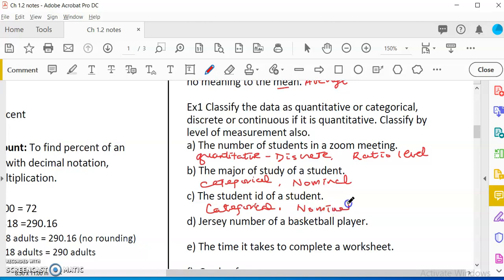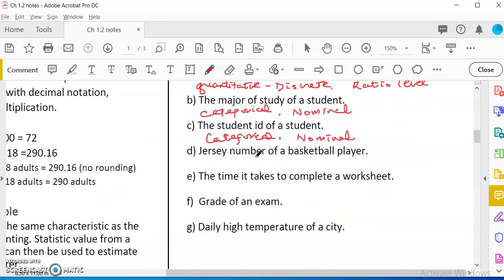You can sort them in order because it is written in numbers, but that doesn't mean that there is any natural ordering. Jersey numbers. So jersey numbers are like you wear in a basketball game at the back of the t-shirt. There is a jersey number of the person. It's actually a name, right? It's categorical again, and it's just a name, nominal.